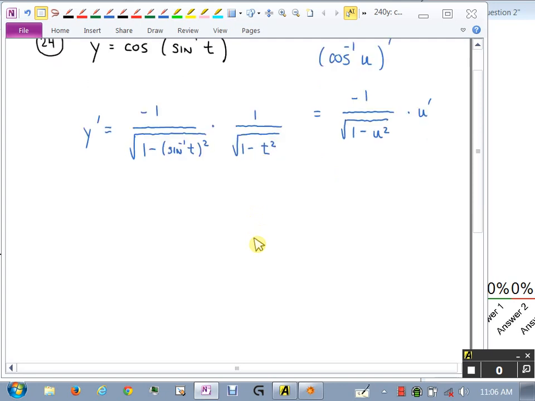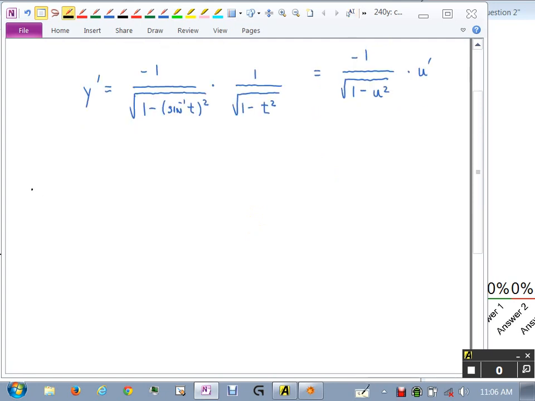All right, for number 28, you've got arctangent of a square root. So y is equal to, instead of writing arctangent, I'm going to put tan with our little -1, and then the square root of 1 minus x over 1 plus x.